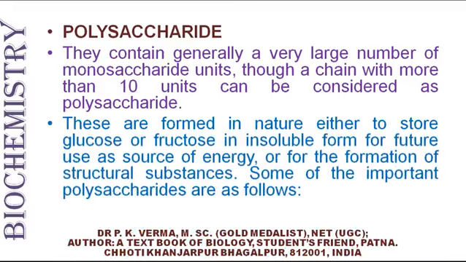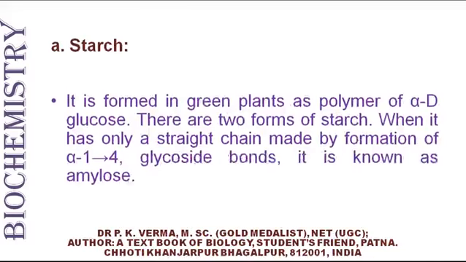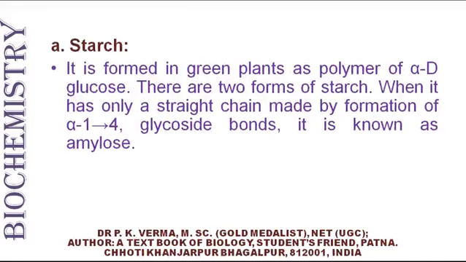These are formed in nature either to store glucose or fructose in the insoluble form for future use as source of energy, or for the formation of structural substances such as the cell wall of plants. Some of the common polysaccharides are starch. It is formed in green plants as polymer of alpha-D-glucose.